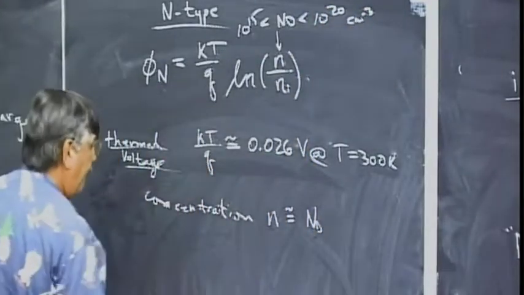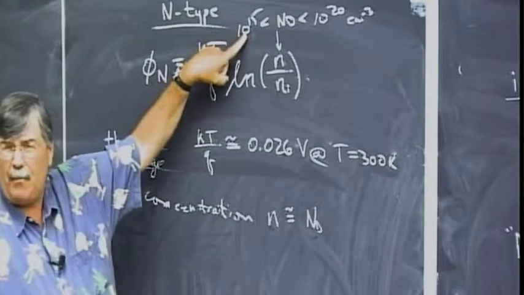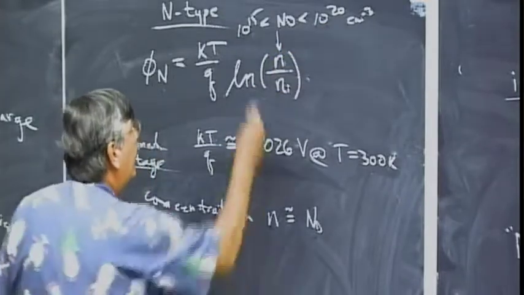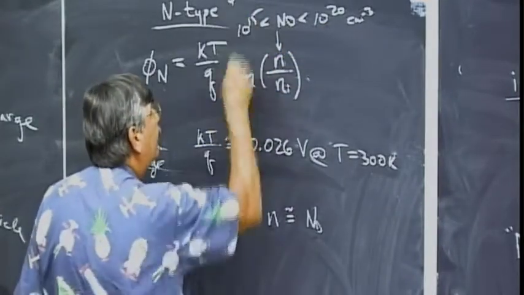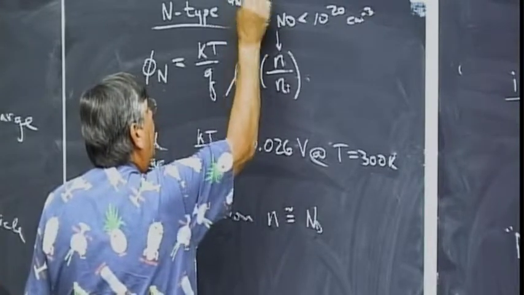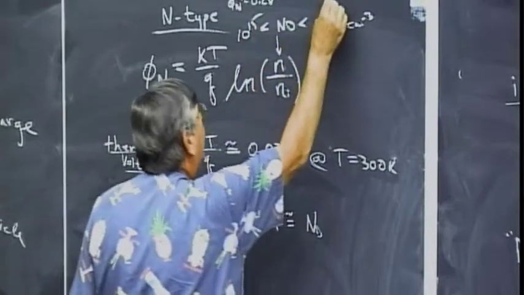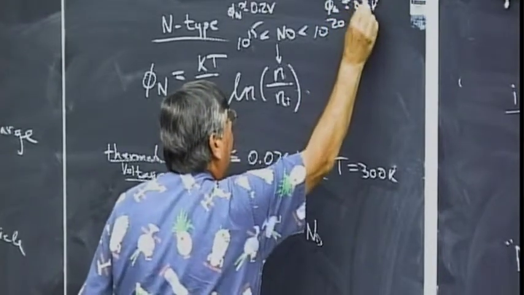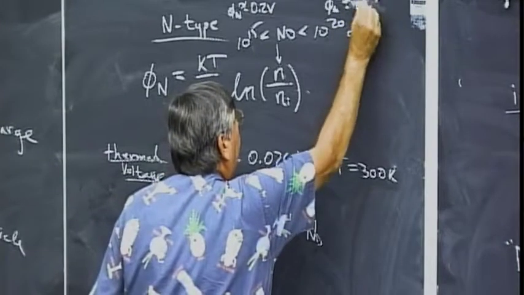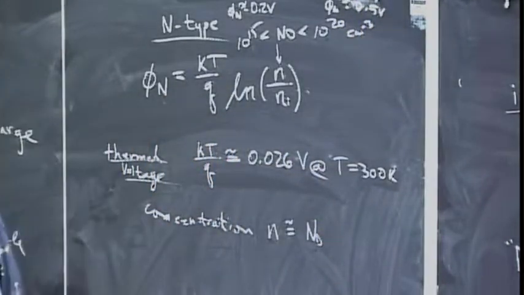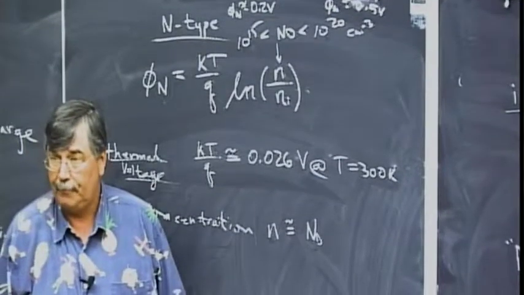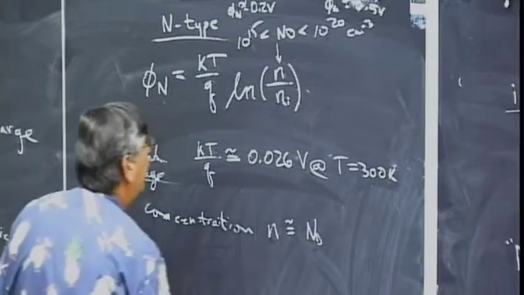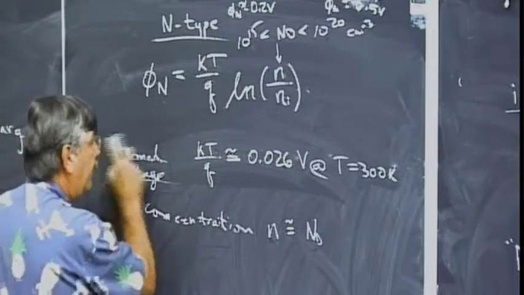The built-in potential will tend to be from about 0.2 volts up to about phi sub n equals 0.5 volts or so. So that's the ballpark of these built-in voltages. It's a potential associated with just the material, controlled by temperature and the doping level.